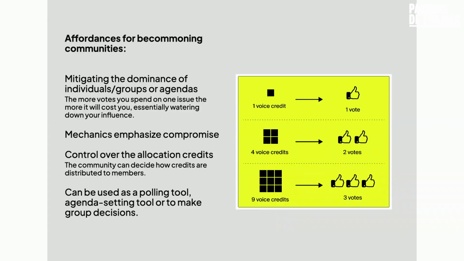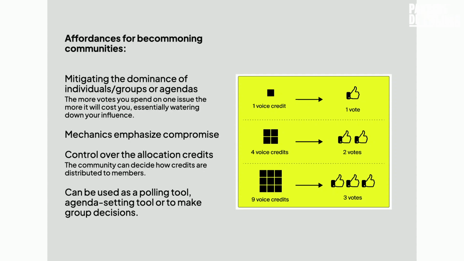The reason this was an interesting experiment within the context of the commons is that one of the affordances of quadratic voting is that it aligns really well with the underlying principles of the commons, in the sense that it mitigates the dominance of specific individuals or groups or agendas.